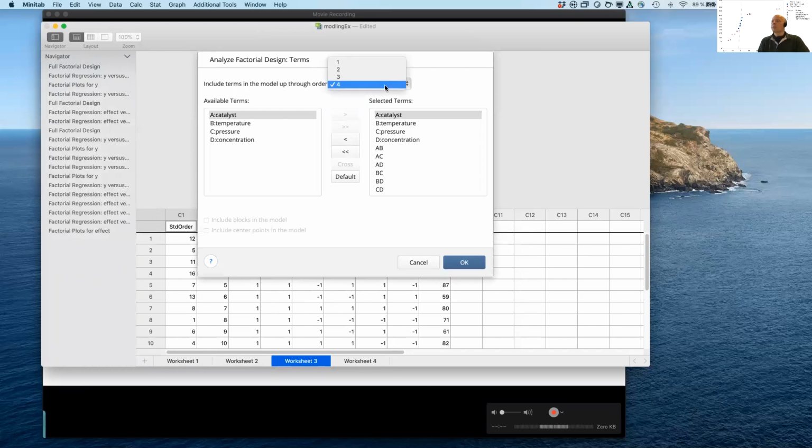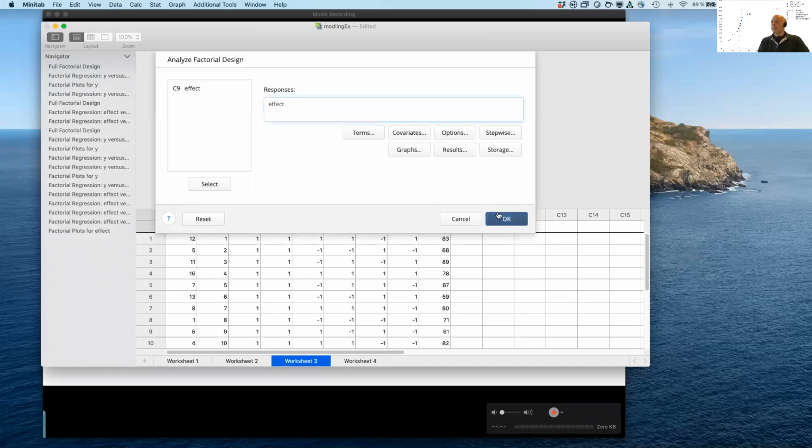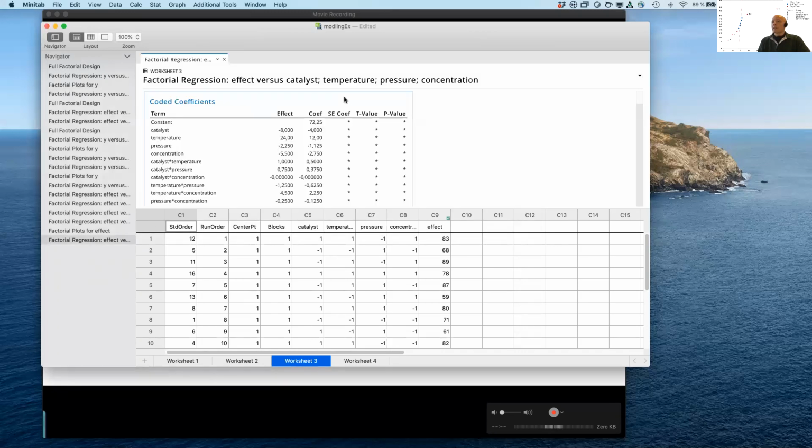Then we can start with 4 terms and see what we get. And we get this effect and the coefficient, that is the regression coefficient associated with the effect, but there's no standard error or no t-value here because we couldn't estimate them. There were n parameters and n data.